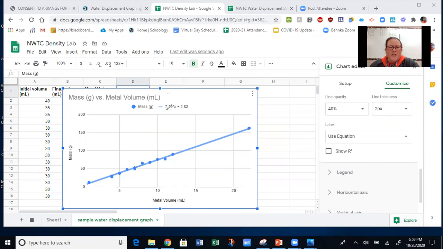So here we see 7.19x plus 2.82. This is equivalent to the y equals mx plus b slope equation, in which that m value is equivalent to the slope.